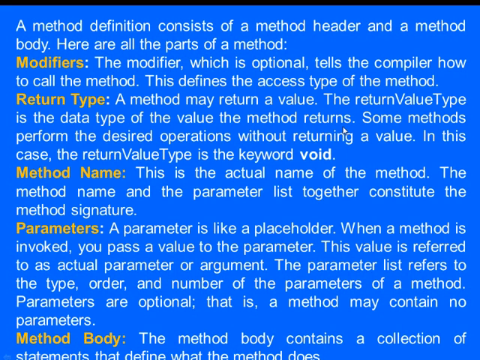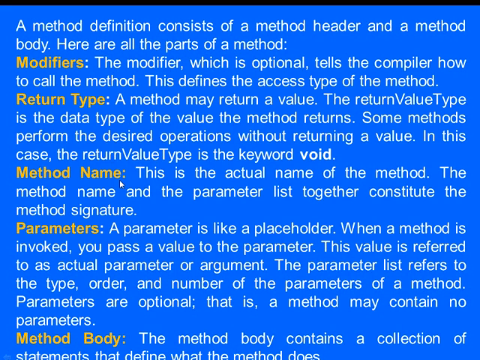What type of value it will return needs to be mentioned with the help of the return type. Some methods perform the desired operations without returning a value. In this case, the return value type is the keyword void. Void means it will not return any value.